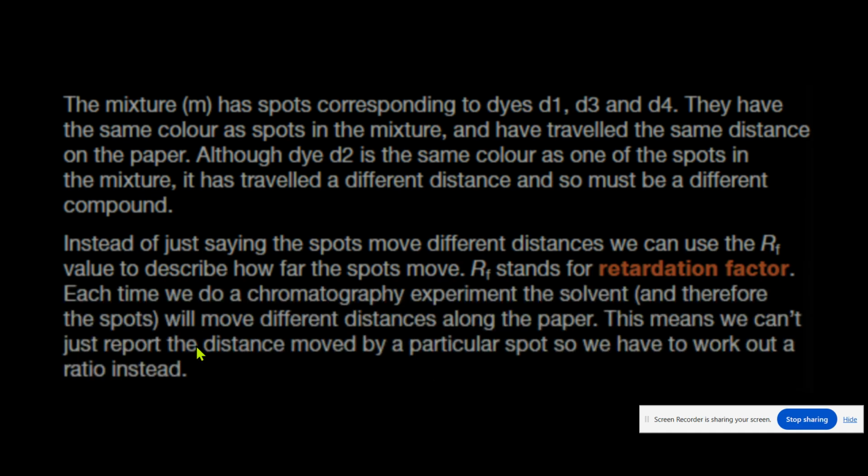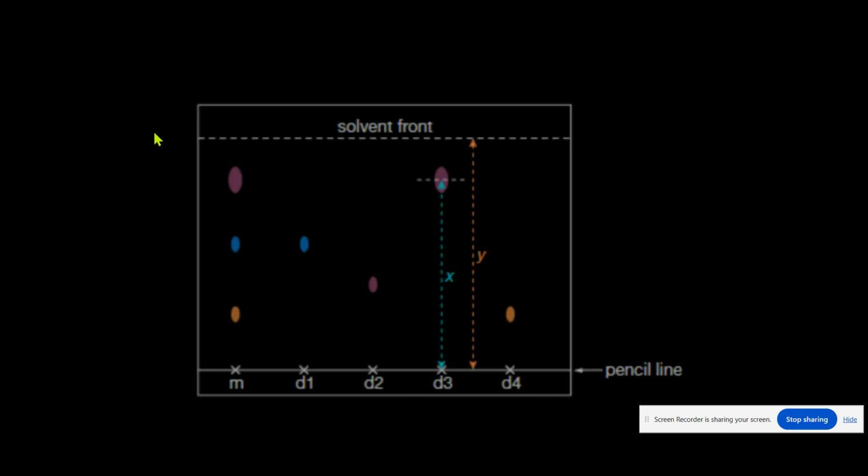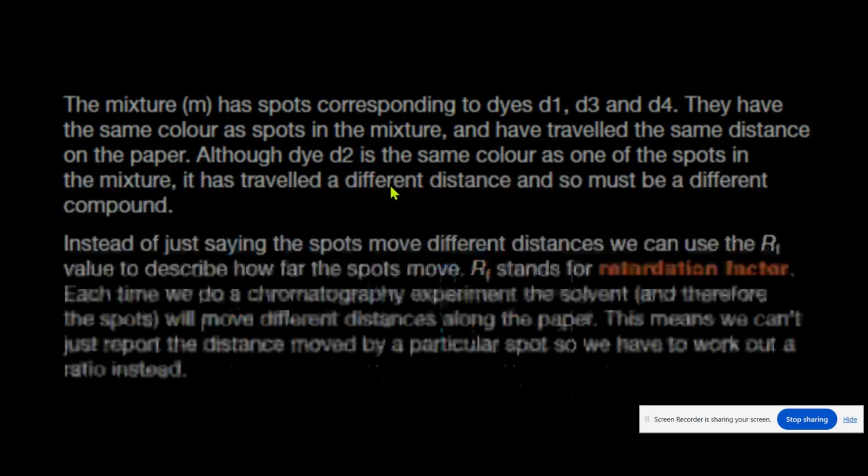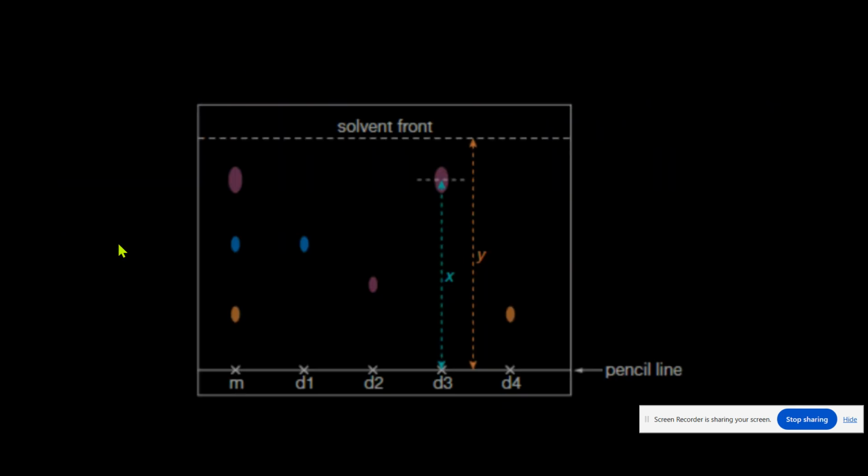Going through, the mixture M has spots corresponding to dyes 1, 3 and 4. They have the same color as the spots in the mixture. Let's go through this. This is basically the analysis of what is going on. D1, D2, D3, D4 are reference points.